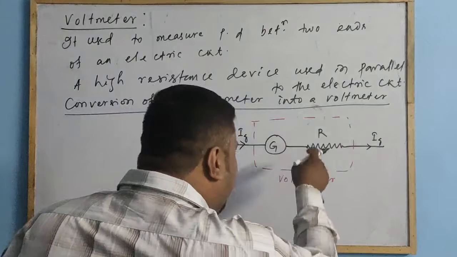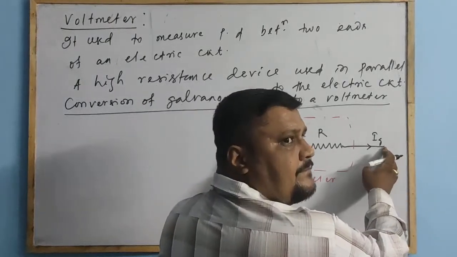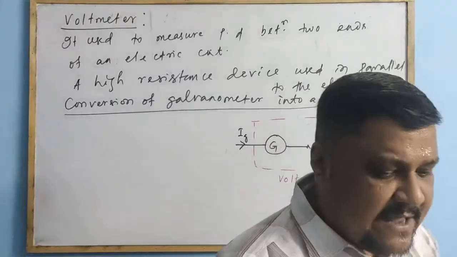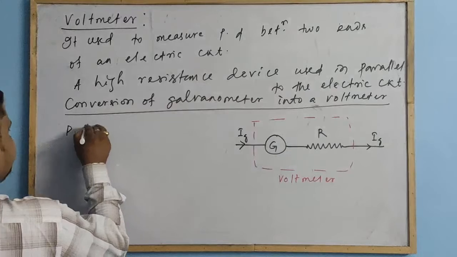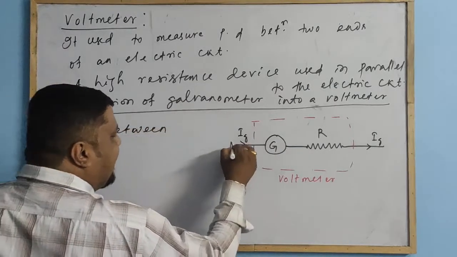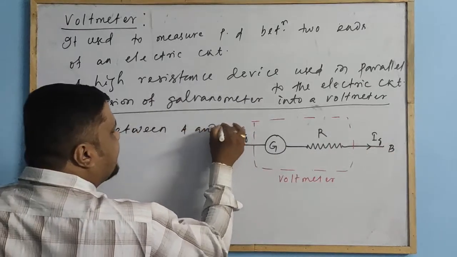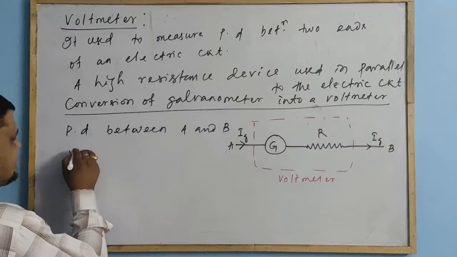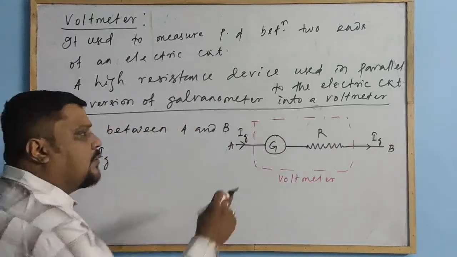Clear? Now from here, what is the potential difference across these two ends? The potential difference between A and B, V, is equal to the current I_G times the resistance.